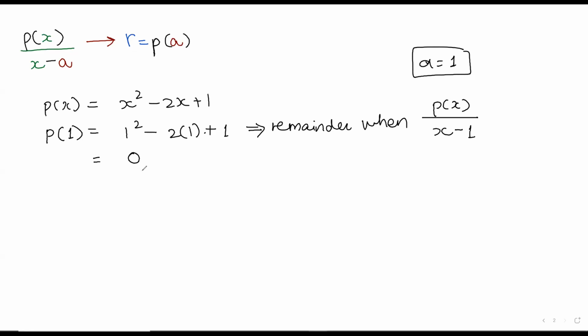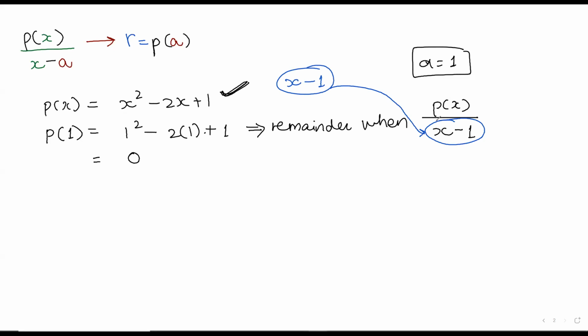So can you infer something about this polynomial x square minus 2x plus 1 and the polynomial x minus 1? Is there a relationship between them?